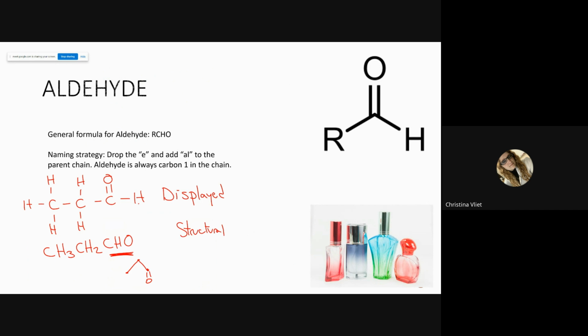So one way to recognize you have an aldehyde is that you have a double bond oxygen sticking out at the end of a molecule always. So for example, this right here is an aldehyde, because the double bond oxygen's at the end. That's a way to figure it out. So when you're looking at skeletal, if you see the oxygen at the end of a chain of carbons, we have an aldehyde.